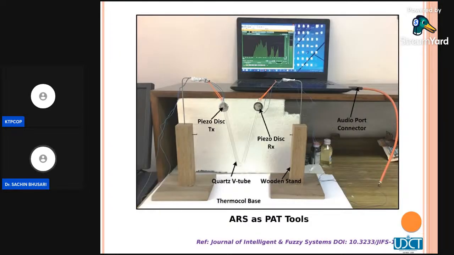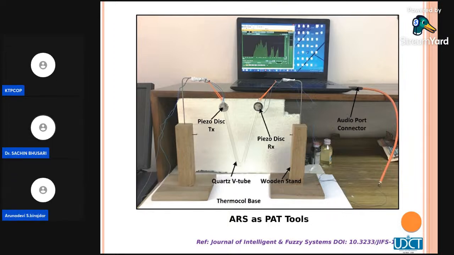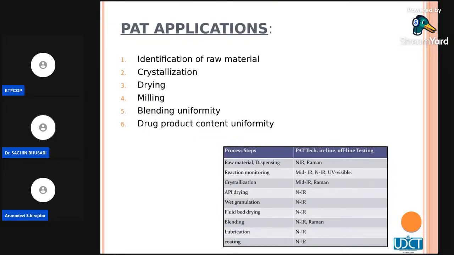Here is how it actually looks, actual photographs of ARS as a PAT tool. You have to fill the sample here, piezo discs are there, you supply the sound waves, and they go through it. It is based on vibrations. Every chemical has a signature, a vibration signature, and that signature is recorded in terms of your spectra.